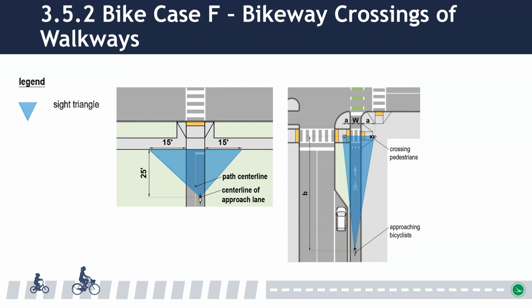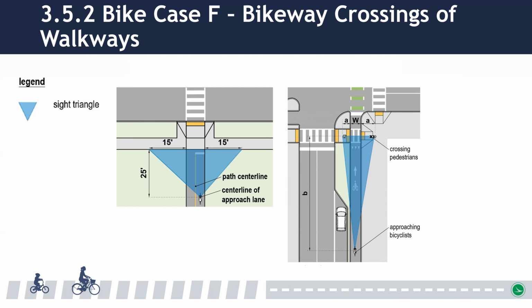And finally, at the intersection of stop-controlled shared use paths and walkways, a clear sight triangle extending at least 15 feet along the walkway and 25 feet along the shared use path should be provided to ensure clear sight lines between the path and walkway users.